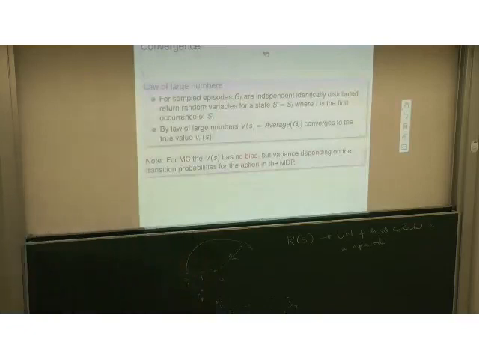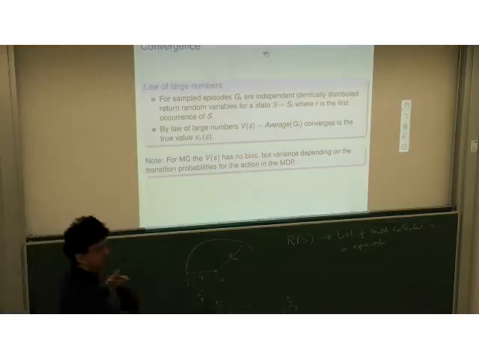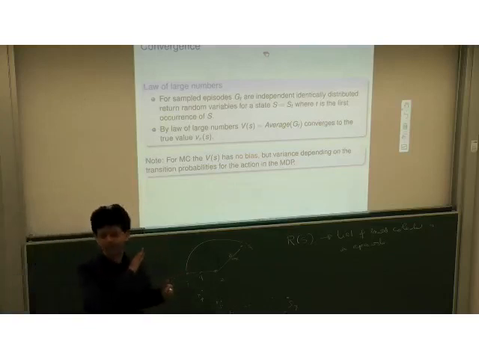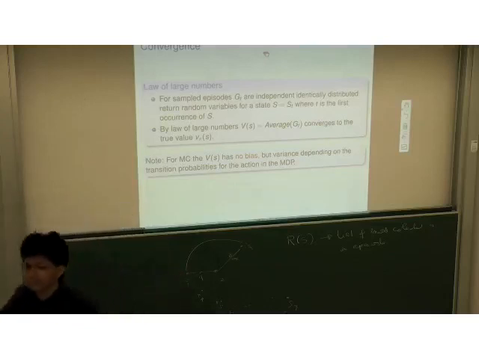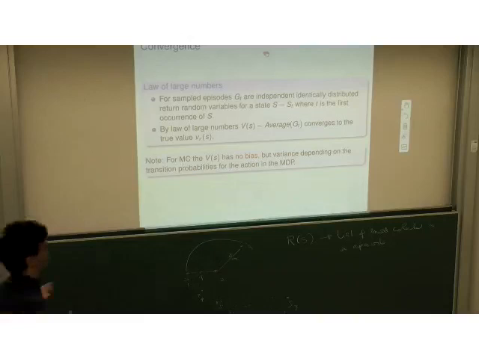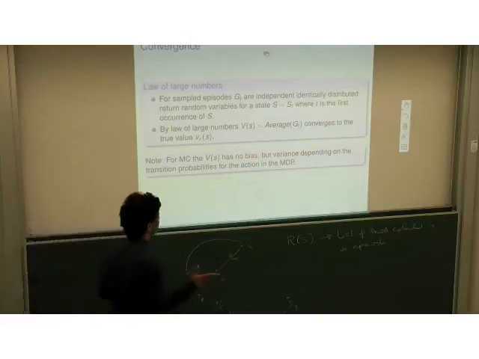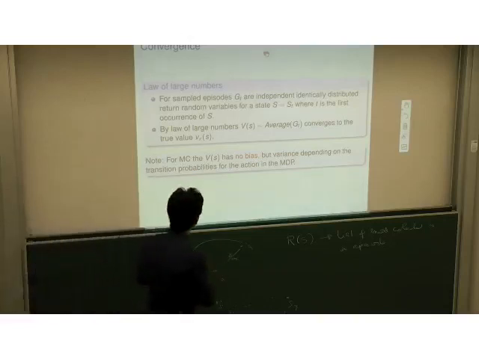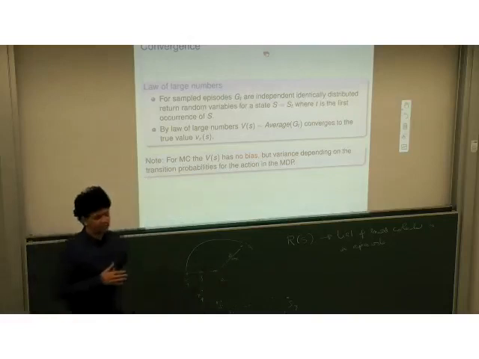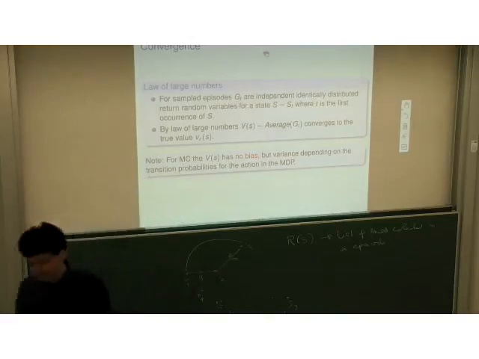Every time you visit the state, the first time at least, because you're not looping around anything, you can consider these as independent random variables. Their averages should converge by the law of large numbers to the actual value. Okay. So this is the first visit Monte Carlo algorithm.